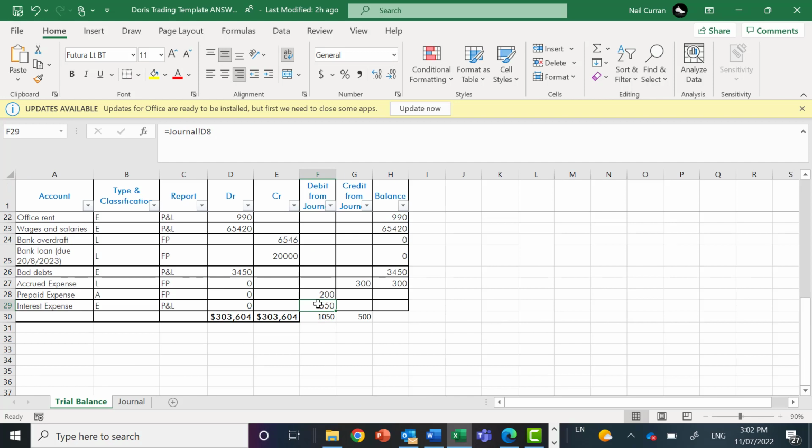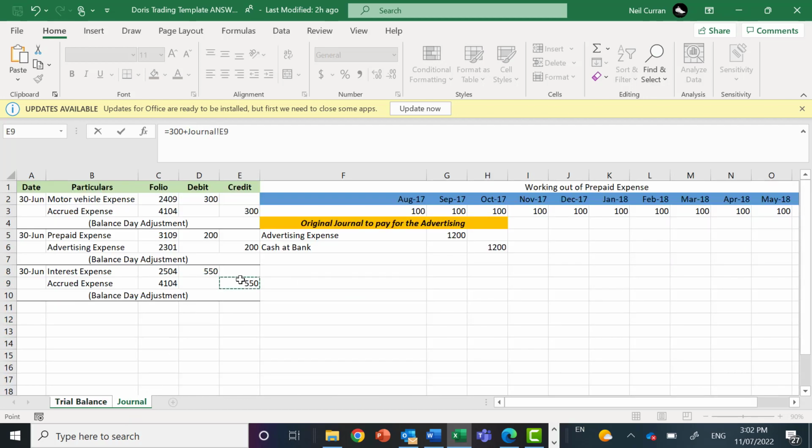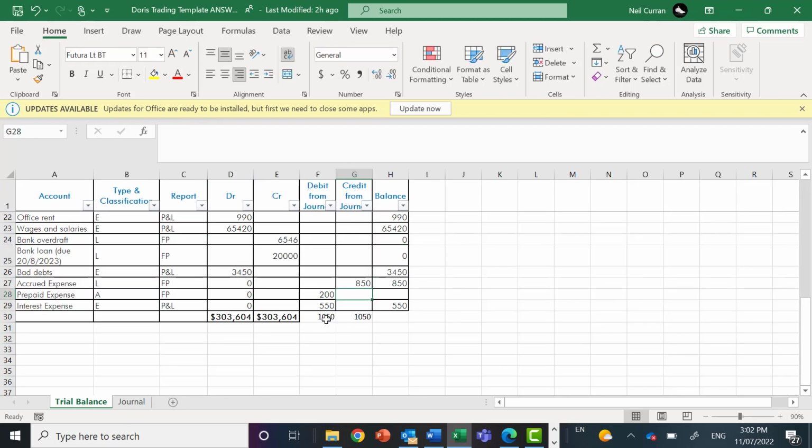Since interest expense is an expense which has a debit nature, and this is from a journal on the debit side, we are going to increase it from 0 plus 550. Then we need to find an accrued expense here. We've already got one amount here of $300, so we put equals, and then add the other $550 together. Therefore our accrued expense is going to total $850.